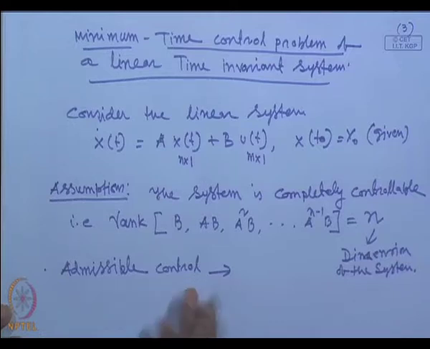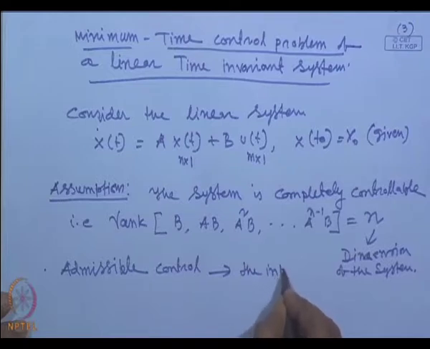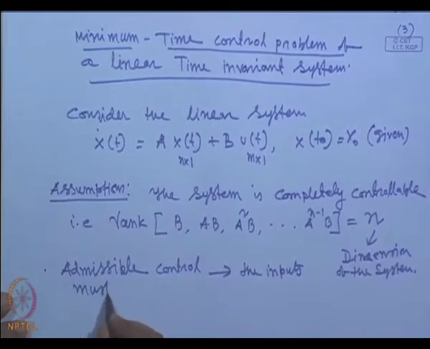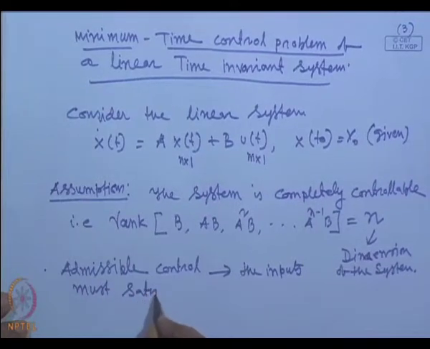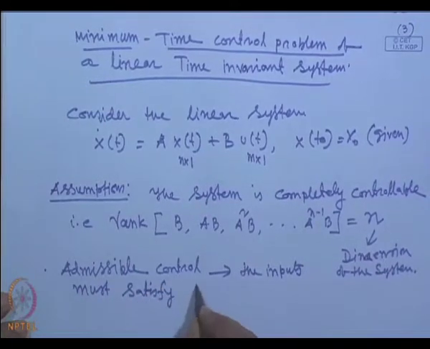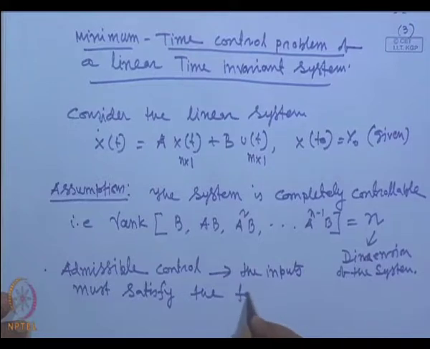In general, a saturation element is used here. Here we are telling admissible control, the control inputs must satisfy the following constraint.